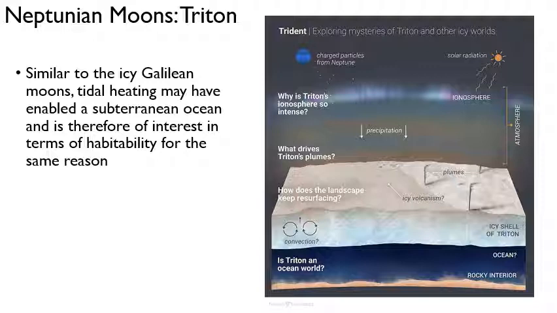Again, we're excited about subterranean water oceans because you could have hydrothermal vents, and therefore potentially have life in that ocean. Though this one's a little more tentative, it's very far out in the solar system. We know a lot less about Triton than we do, for instance, the Saturnian or the Galilean moons.